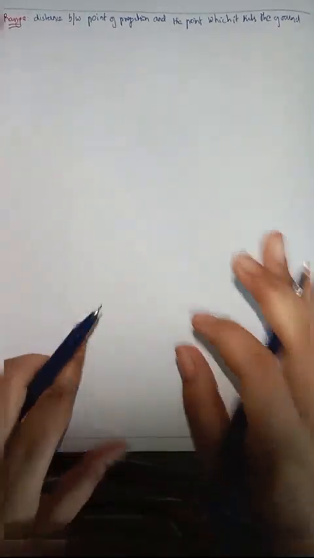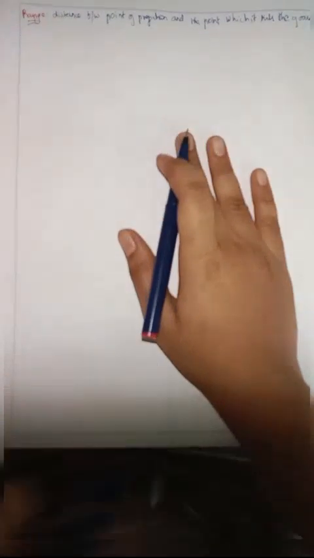This is the distance. Range is nothing but the distance between the point of projection and the point where it hits the ground. You can say it like that.